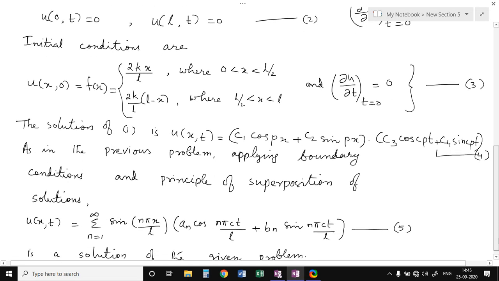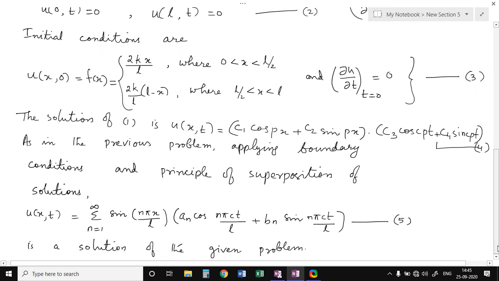As in the previous problem, after applying the boundary conditions and the principle of superposition of solutions, we can see that u(x,t) equal to the summation from n equal to 1 to infinity of sin(nπx/L) times (an cos(nπct/L) plus bn sin(nπct/L)) is a solution of the given problem.